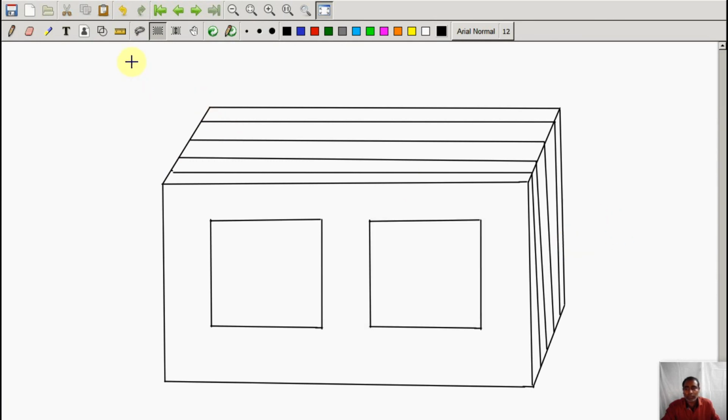This thing is known as your transformer window, and these are the limbs. The upper portion is your yoke.